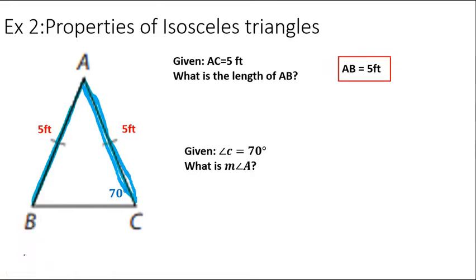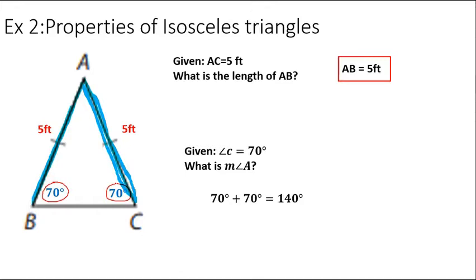And we also know that angle B, the two base angles, measure the same, they're congruent. So the last angle, angle A, we find by adding the two angles and subtracting from 180.